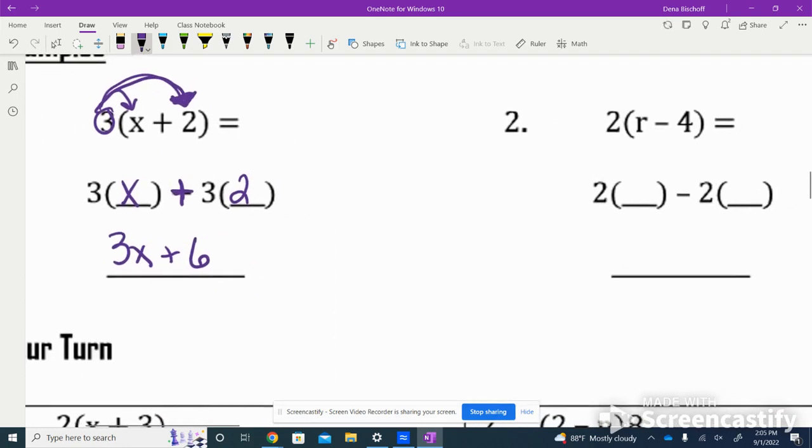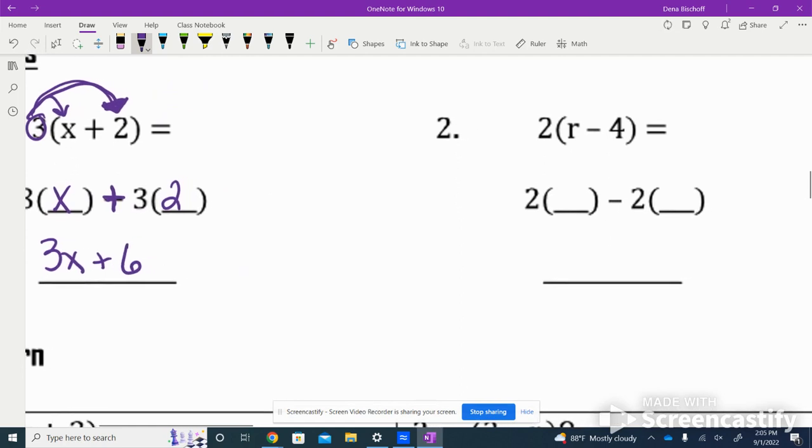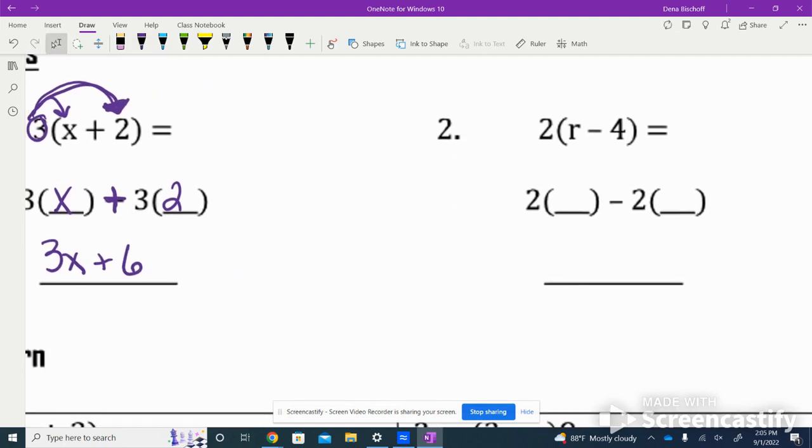Let's try it again. I'm going to take the number on the outside and circle it. And I'm going to draw arrows because I'm distributing it to the numbers on the inside. So I'm taking 2 and multiplying it by, what am I multiplying the 2 by? R. And I'm taking a positive 2.